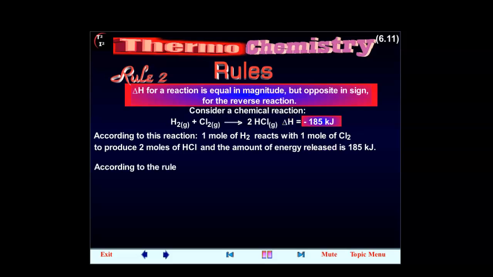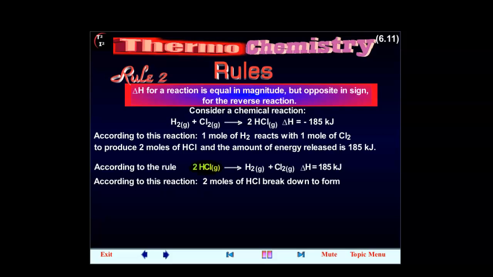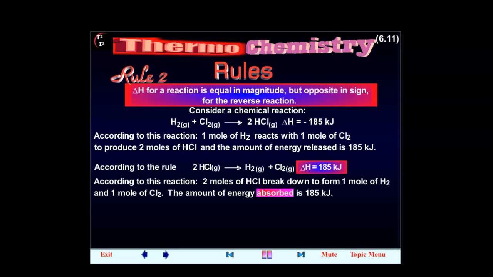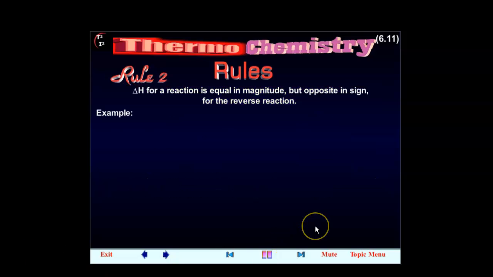According to the rule, according to this reaction, 2 moles of hydrogen chloride break down to form 1 mole of hydrogen and 1 mole of chlorine. The amount of energy absorbed is 185 kilojoule.